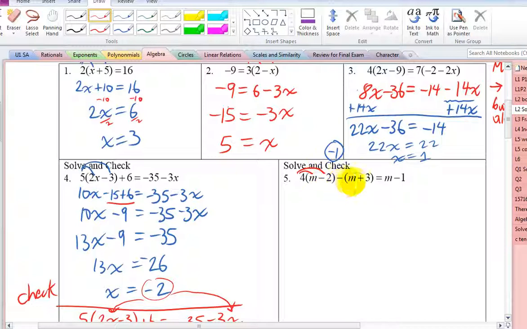Here, you have to correct the inside of the brackets because you're subtracting each piece, but often we look at that as multiplying by a -1 into both of them. So we would get 4m minus 8, and then we would get minus m minus 3 equals m minus 1. So the first step is simply to get rid of your brackets by multiplying, and now it's exactly the same as the other page. Go ahead and solve it.